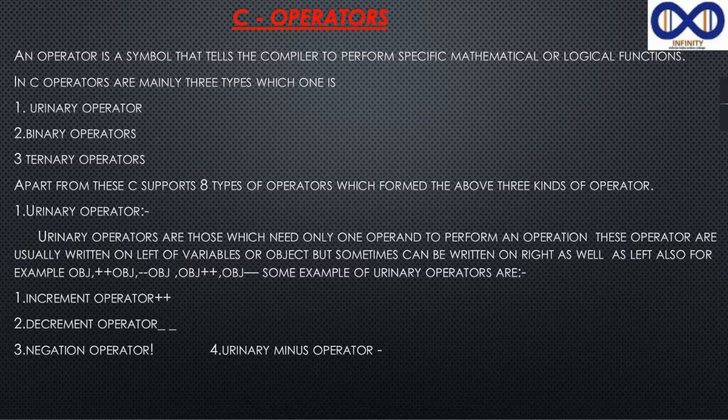At first, I am going to explain the unary operators. Unary operators are those which need only one operand to perform an operation. These operators are usually written on the left of the variable or object, but sometimes can be written on the right as well as the left.